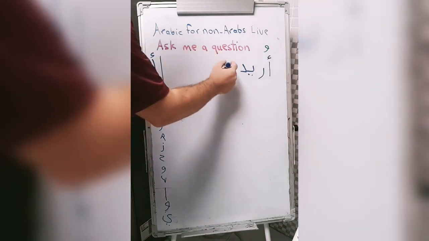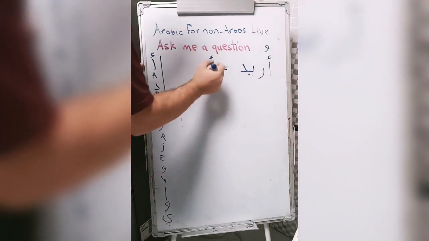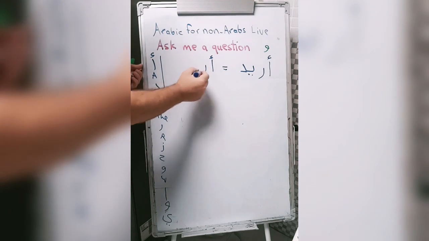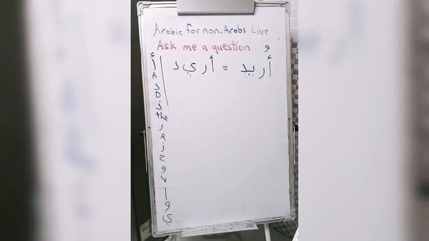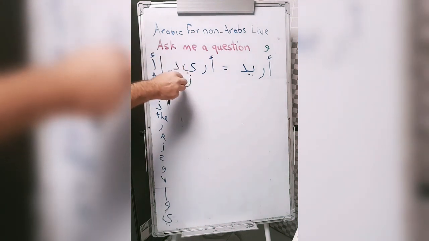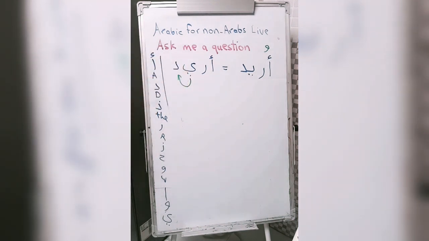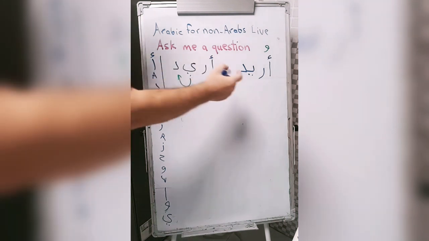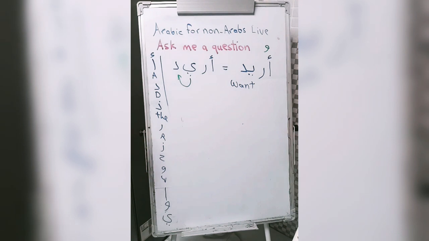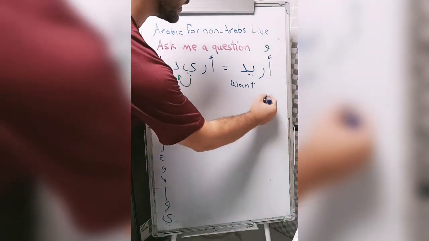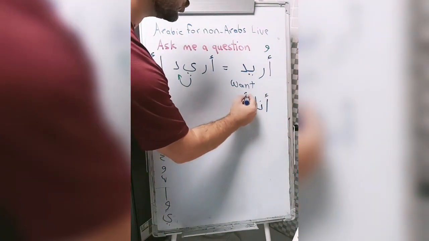If you look at this word, I'm going to break it down into letters. I have letter A, R, and I have E, and then I have Da. The only letter which joined is E, which joined Da. And this verb means I want. So I can say now many sentences. I can say Ana uridu.